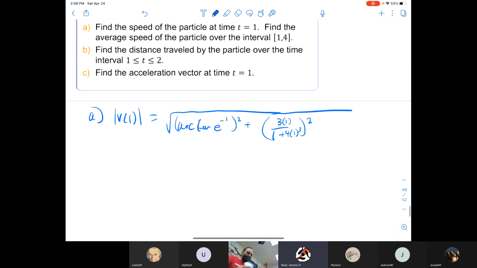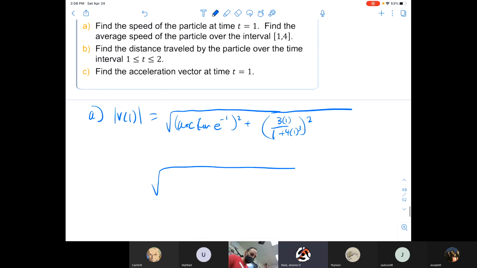On your calculator screen, you start with the square root, and I would call up x1t, I think that's what it looks like for you guys, and then square it, plus y1t of, is it 3? It's not 3, it's 1.